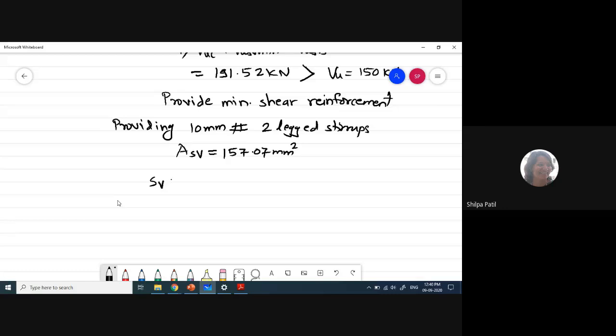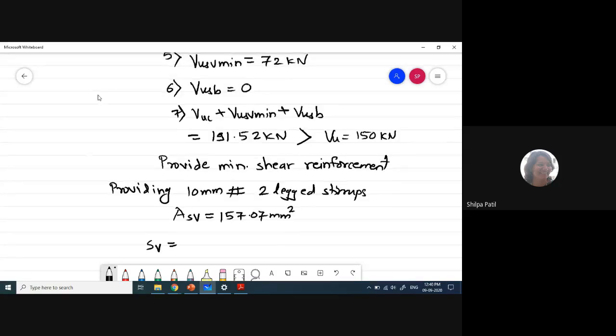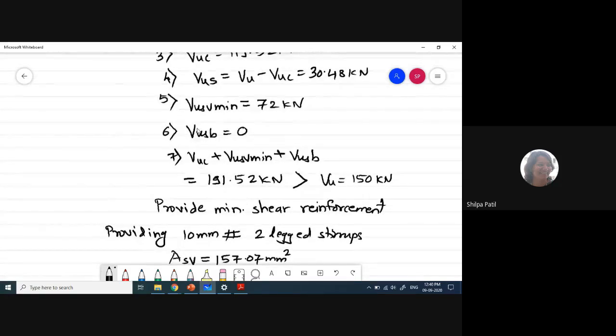So find out SV. Now we have to calculate the minimum shear reinforcement corresponding to the minimum shear resisted by this. So I must write down one step here. In this case, my VUSV will be equal to VUSV minimum, that is equal to 72 kilonewton.